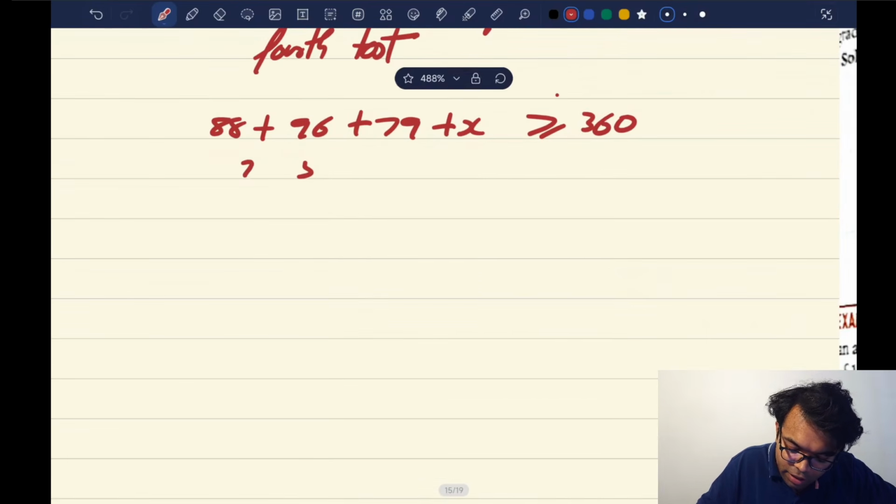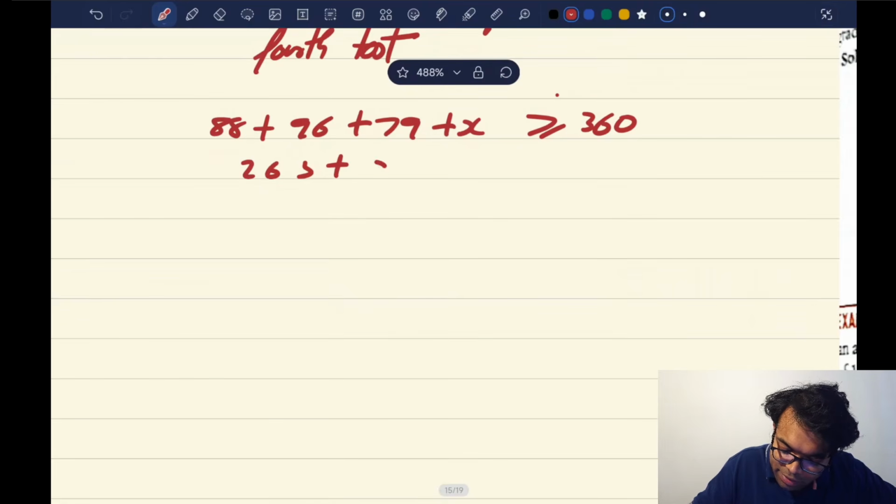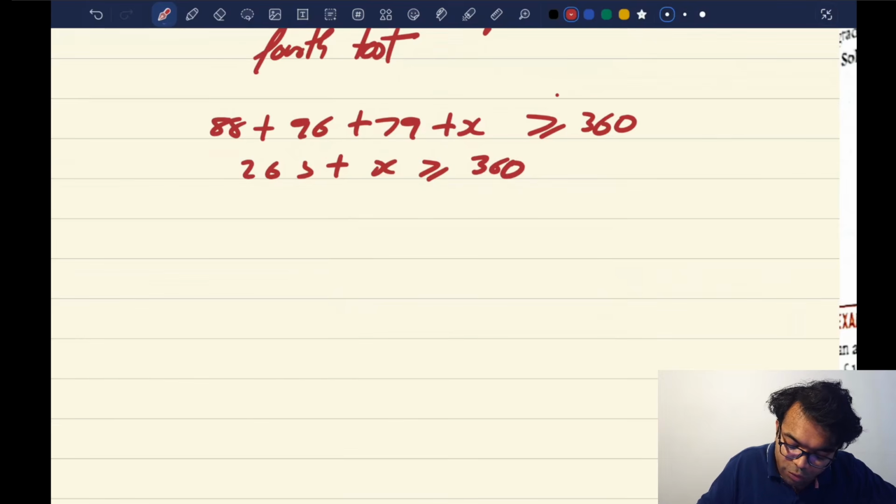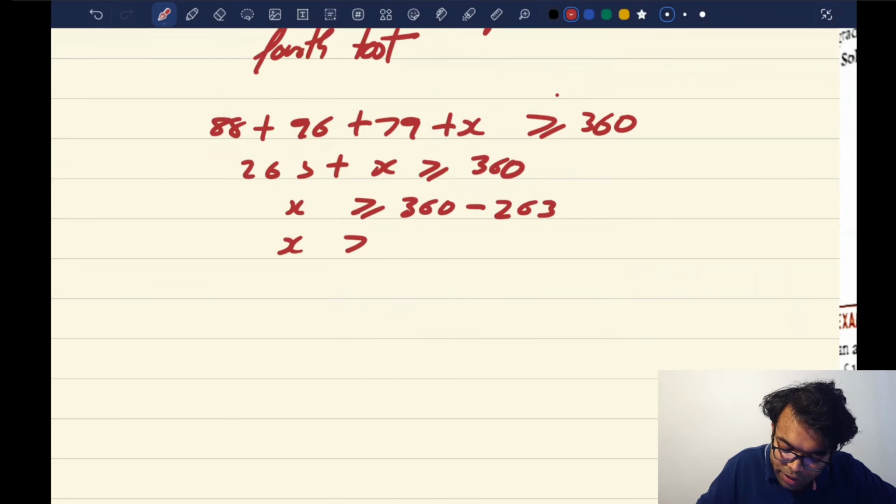Yes, 263. 263 plus x should be greater than or equal to 360. Therefore, x should be greater than or equal to 360 minus 263. So x should be greater than or equal to 97.